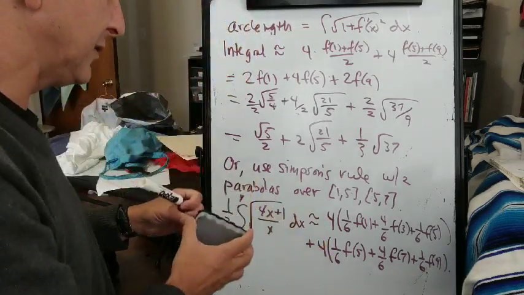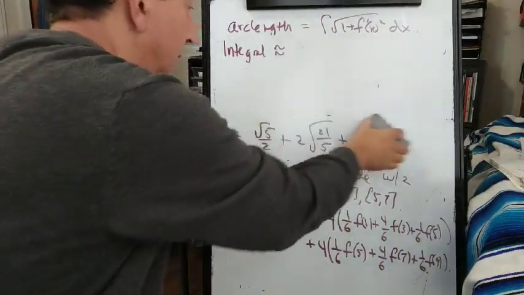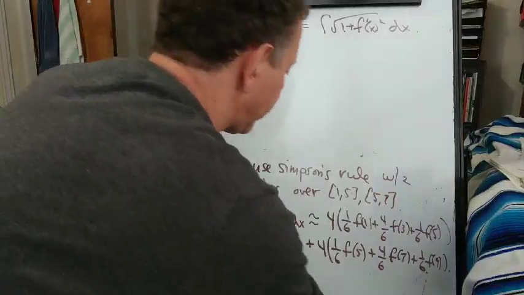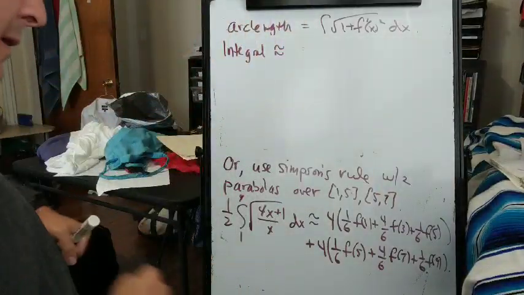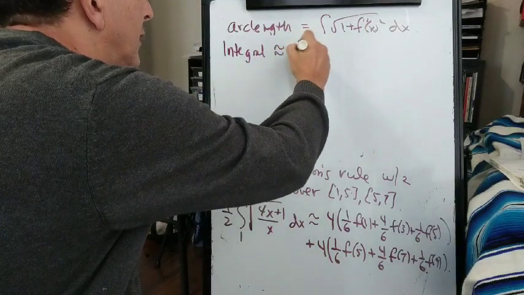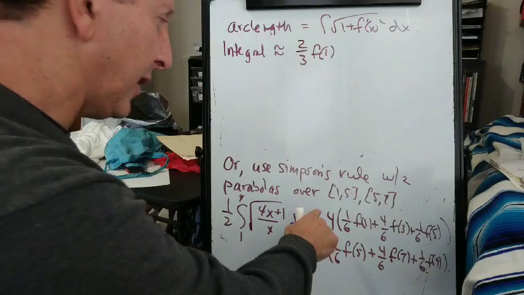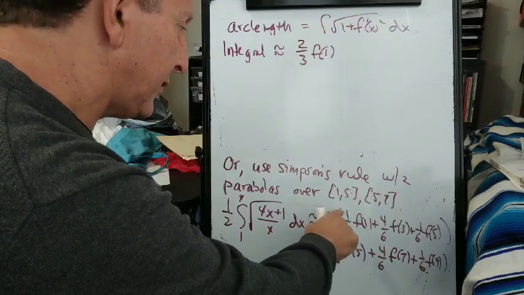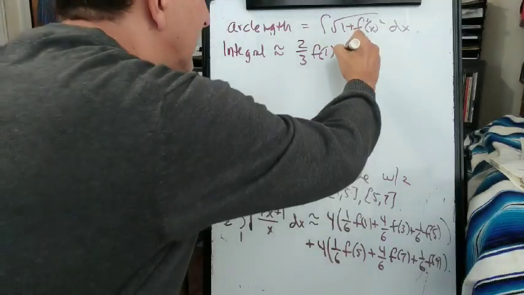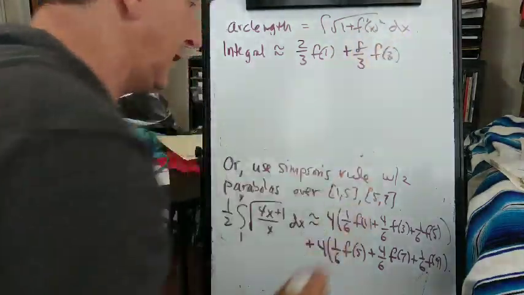So the integral is approximately 4/6 is 2/3 f of 1, plus 16/6 is 8/3 f of 3.